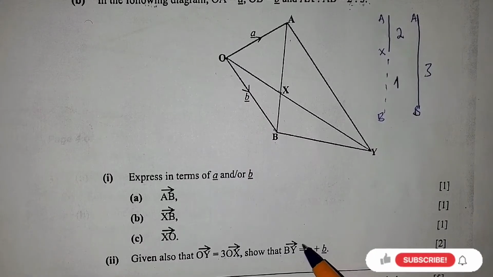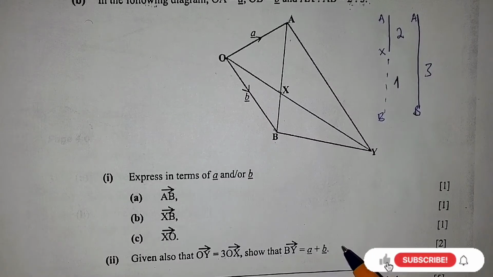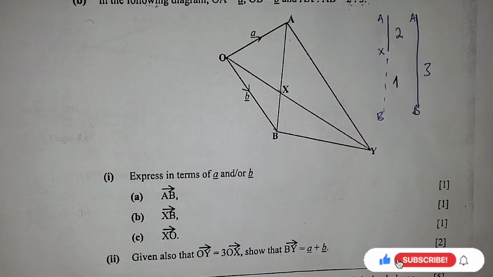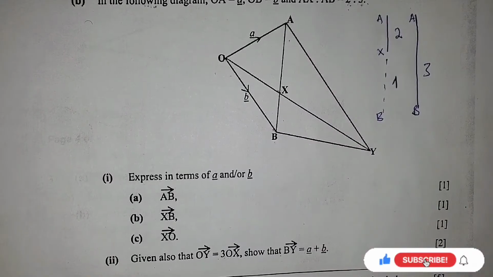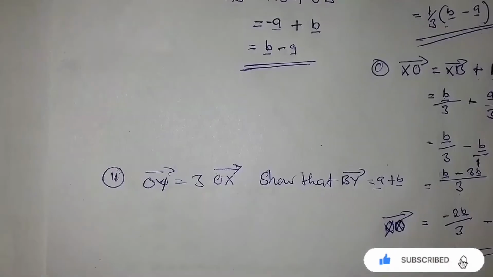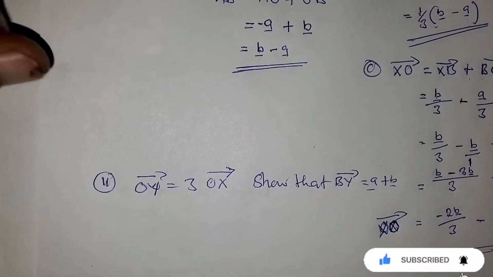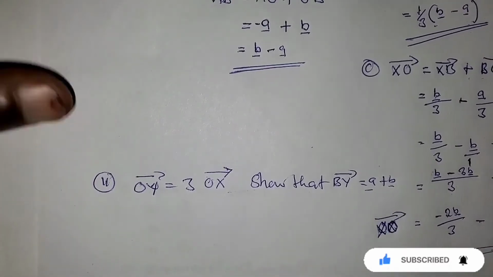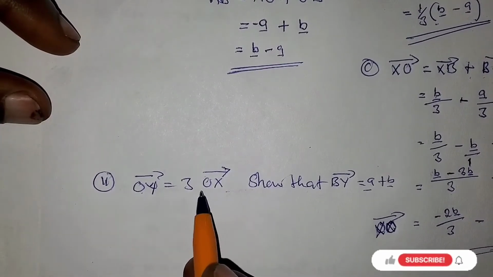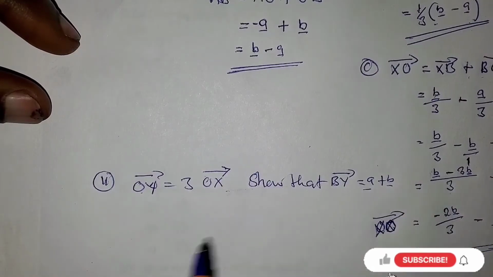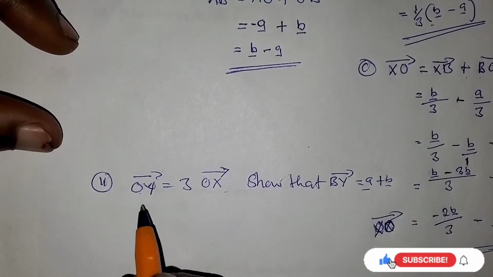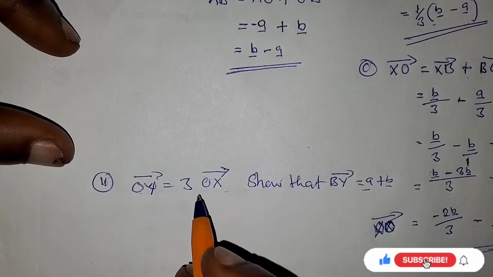If we are able to show this one, it means that everything we've been doing is correct. So this is the question. Given that this one is equal to this one, show that this one is equal to this.